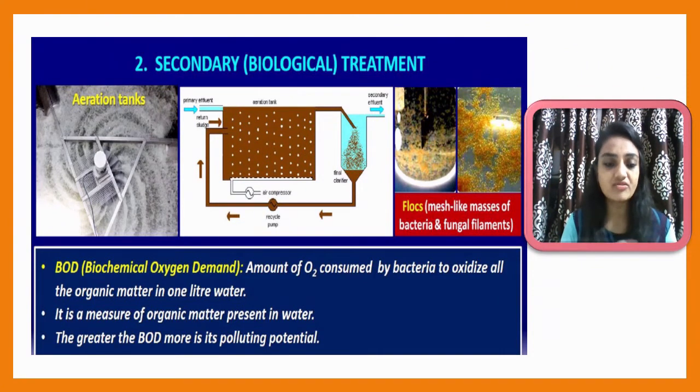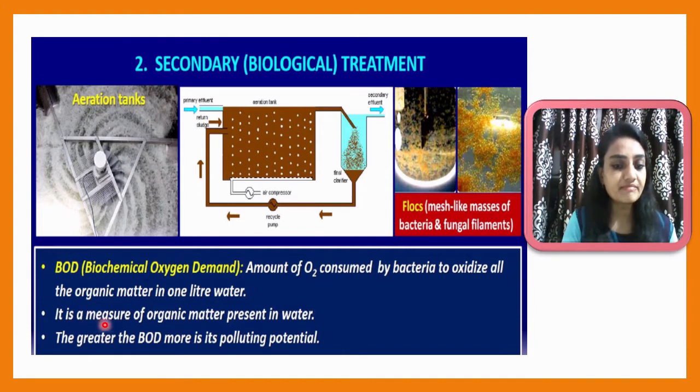What is the BOD? BOD is the biochemical oxygen demand, indicating the amount of oxygen consumed by bacteria, the decomposer type of bacteria, to oxidize all the organic matter in 1 liter of water. So this is the definition of BOD. It is the oxygen required for 1 liter of wastewater to be treated from organic to inorganic.